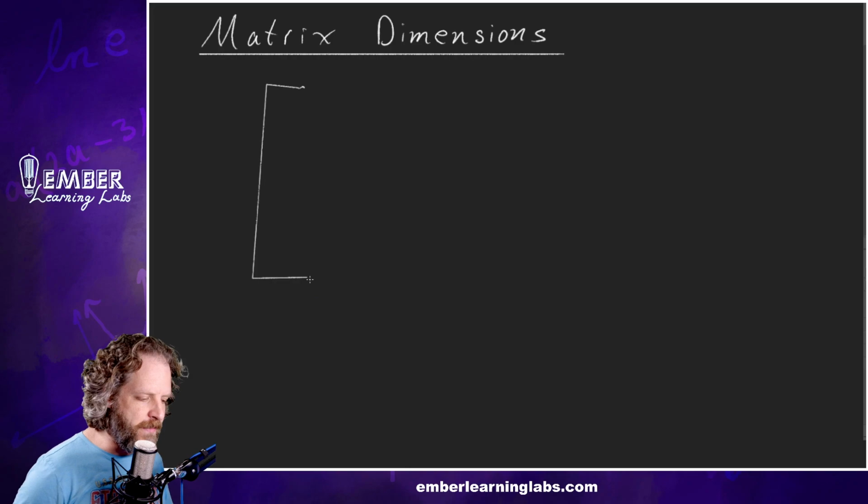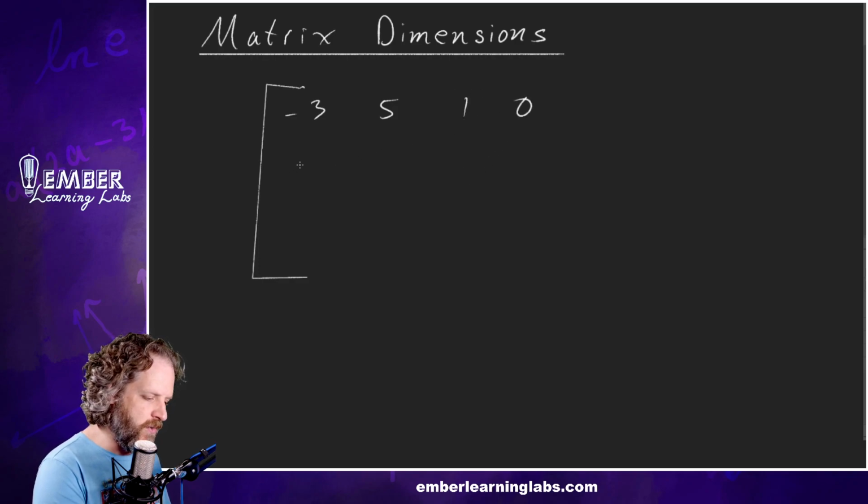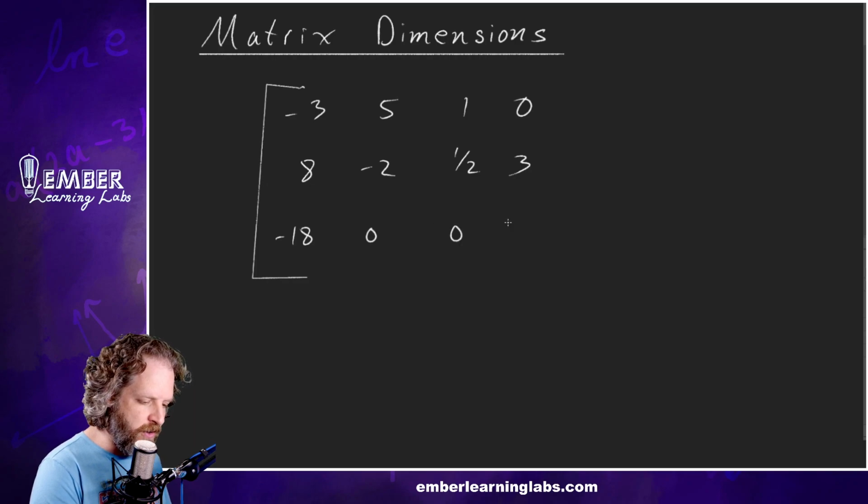We put a matrix inside these big brackets. Something like -3, 5, 1, 0, 8, -2, 1/2, 3, -18, 0, 0, 1/3, right?